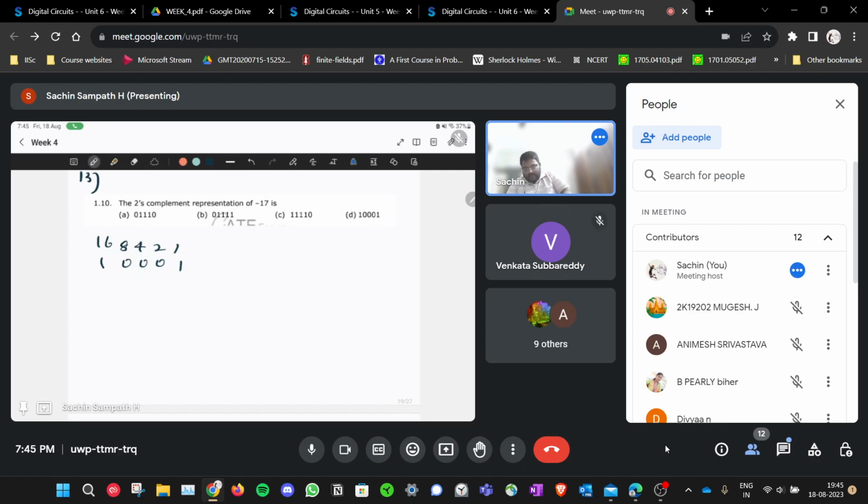So 1's complement is 0 1 1 1 0. To get 2's complement, you have to add a 1, right? So it's 0 followed by 4 ones. So it's option B.